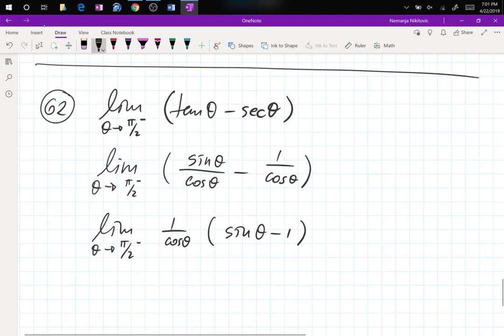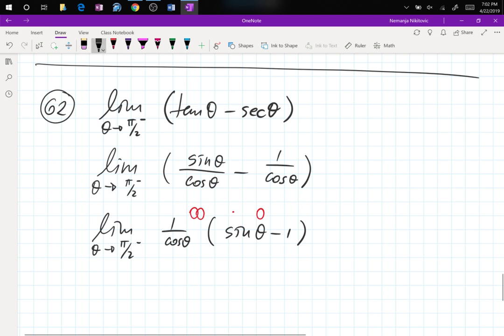So now cosine theta at pi over 2, that's going to be 0, 1 over 0 is infinity. Sine of pi over 2 is 1, 1 minus 1 is 0, so I have infinity times 0.